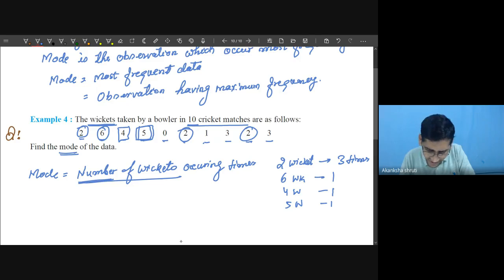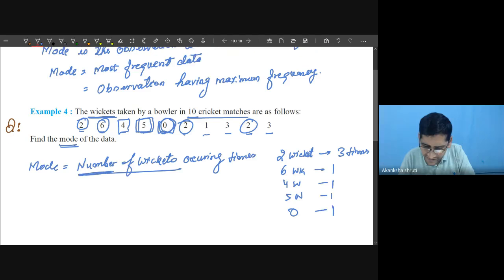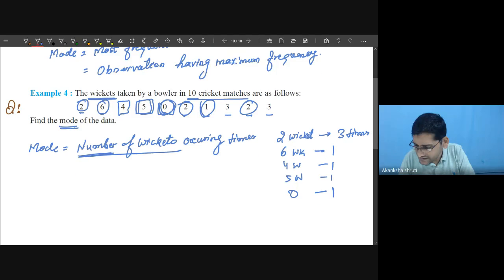Now consider the 0 wicket, 1 time. This 1 wicket, also 1 time. The 3 wickets, here we are getting 2 times.